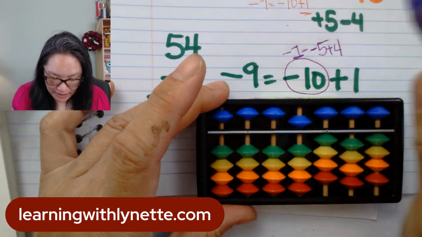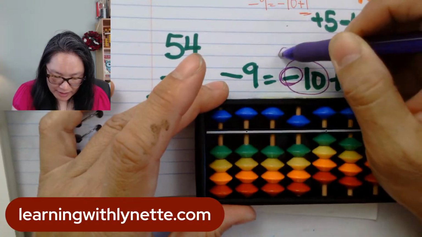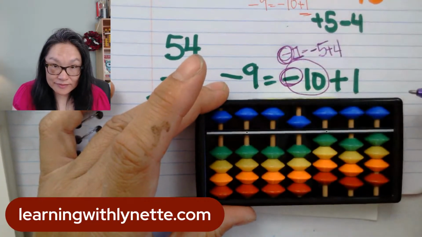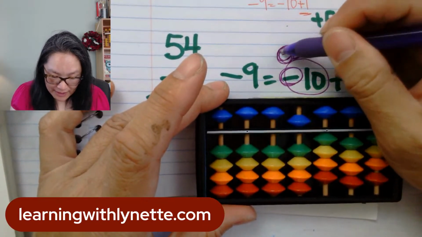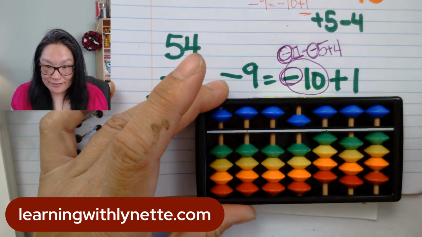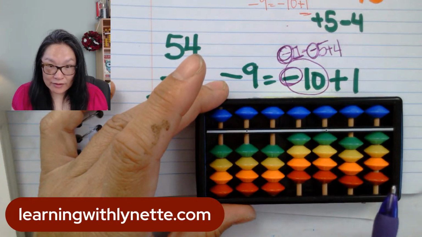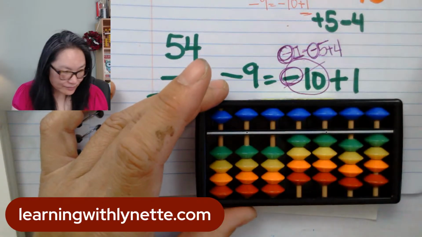We have to pay attention to the sign. If it's a minus, it'll be a minus 5. So minus the 5 plus the 4. We're done with this one.